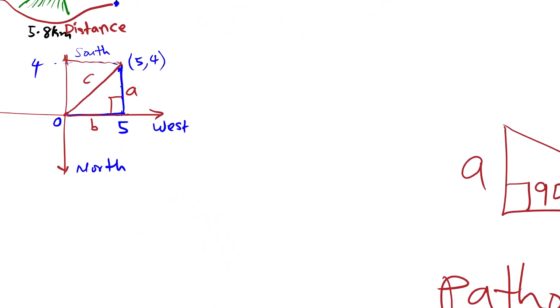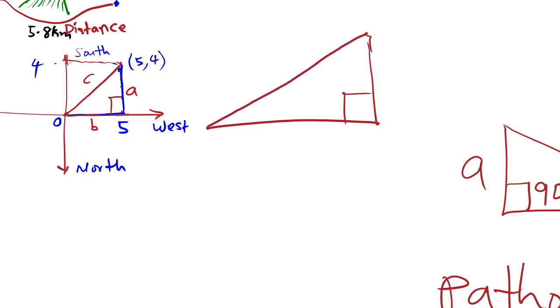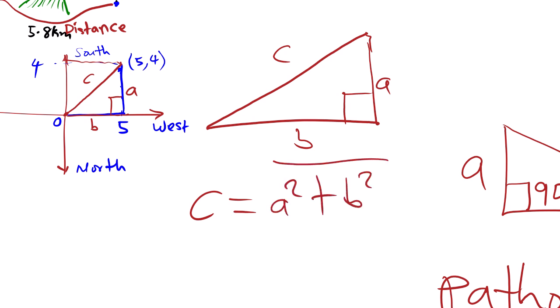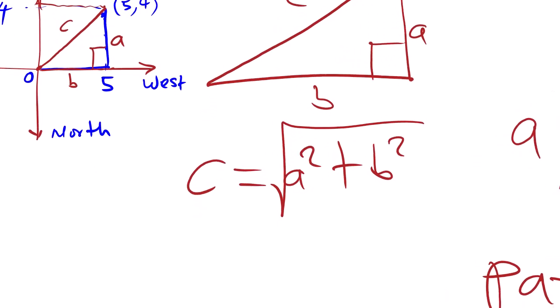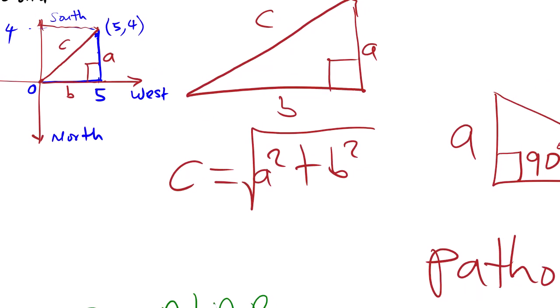Let's take this triangle out. You have a triangle like this, and this is a right angle triangle. Then you put your A here, you put your B here, you put your C. Then apply your formula. Your formula says that C is equal to the square root of A squared plus B squared. Now A is, we said, 4.